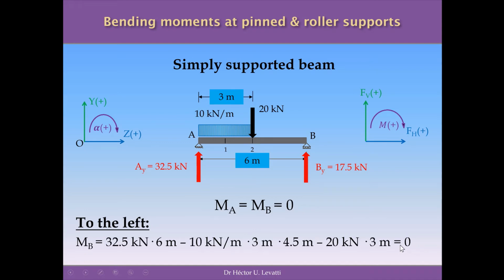And all of this has to be equal to 0. If I run the calculation, effectively this is equal to 0. So we have demonstrated mathematically that effectively the moments at the roller and at the pin support are equal to 0.